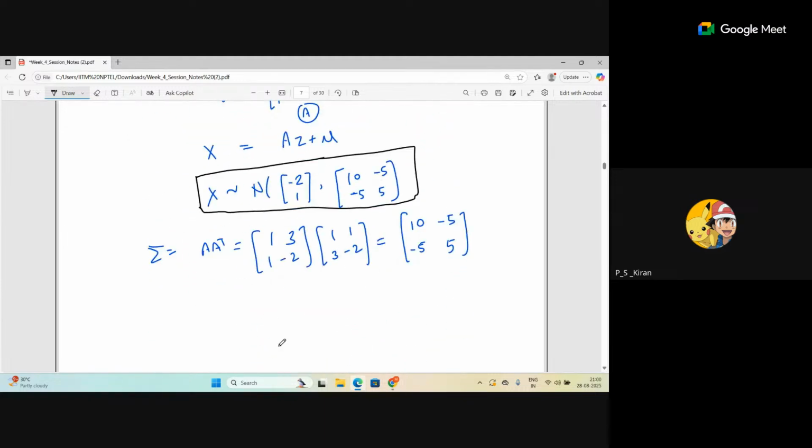Variance of x1 plus x2 is equal to variance of x1 plus variance of x2 plus 2 times the covariance. We can find variance of x1 plus x2 and find the covariance from there, since we already know variance of x1 and variance of x2.